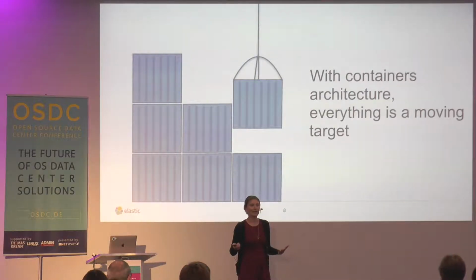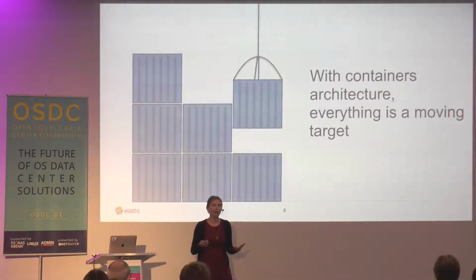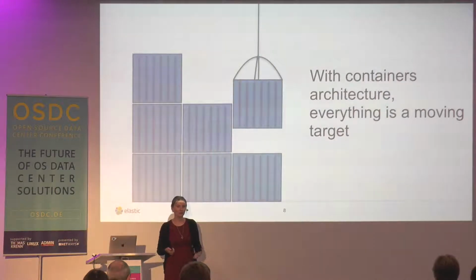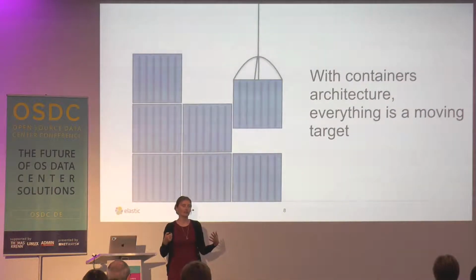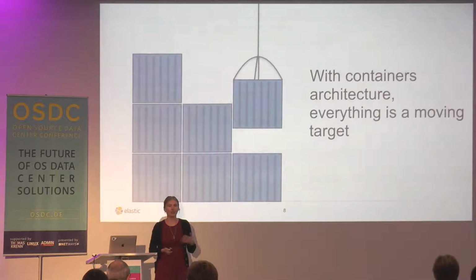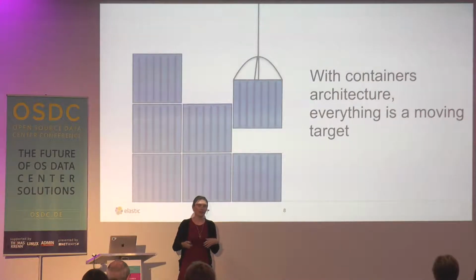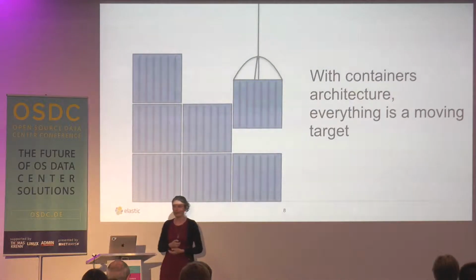So it doesn't make sense for the monitoring solution to have a static configuration. The configuration needs to be dynamic, and needs to adjust every time something happens in your infrastructure, like a container being started or deleted.